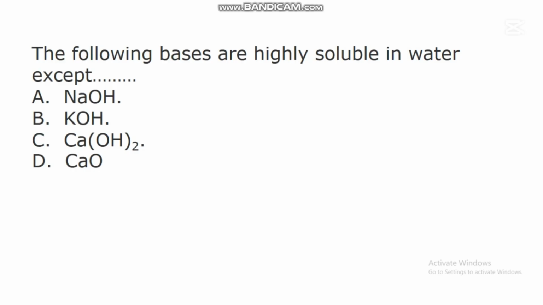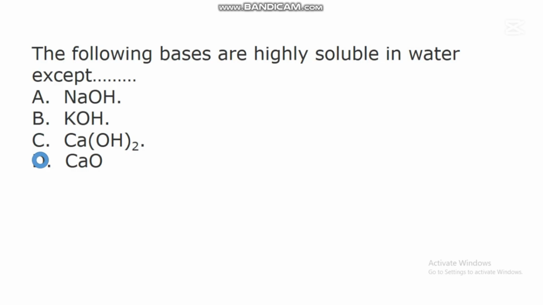The next question says, the following bases are highly soluble in water except dash. A. Sodium hydroxide. B. Potassium hydroxide. C. Calcium hydroxide. D. Calcium oxide. In this question, the correct answer is D. Calcium oxide.